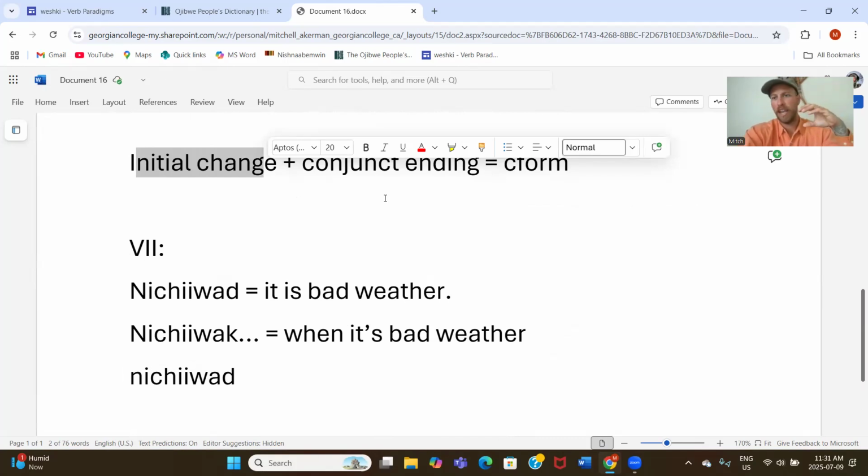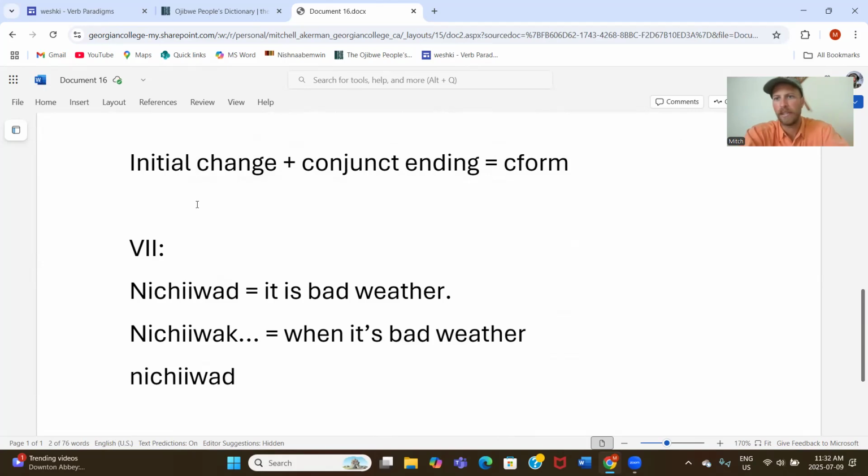But initial change is when you take the first vowel of the verb and you change it to one of those preset things. Like A becomes E, I becomes E, O becomes we, two A's become a ya, two I's become ah, two O's become wah, and so on. Those are all those preset changes.